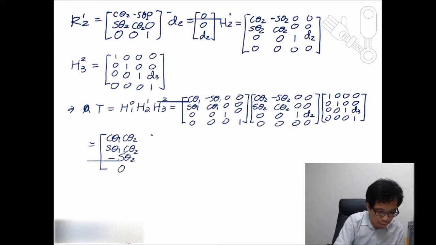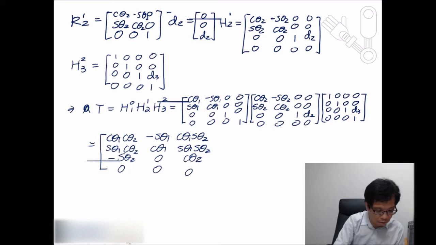The second column over here is going to be negative sine theta 1, cosine theta 1, 0, 0. Cosine theta 1, sine theta 2, sine theta 1, sine theta 2, cosine theta 2, 0.